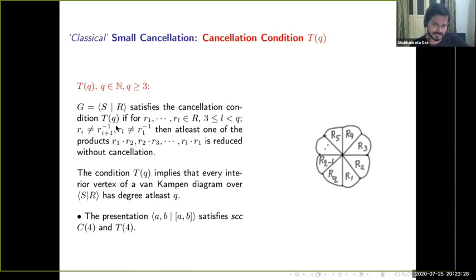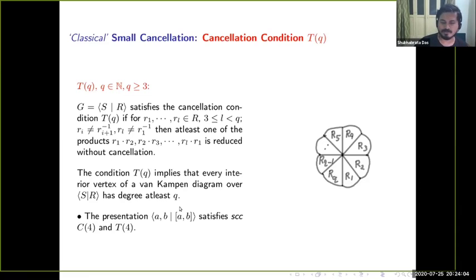So this condition essentially means, since this is part of a Van Kampen diagram and this vertex is an interior vertex, that if the presentation satisfies this condition, then at any interior vertex there should be at least Q of these relators, giving the degree of any interior vertex being at least Q.